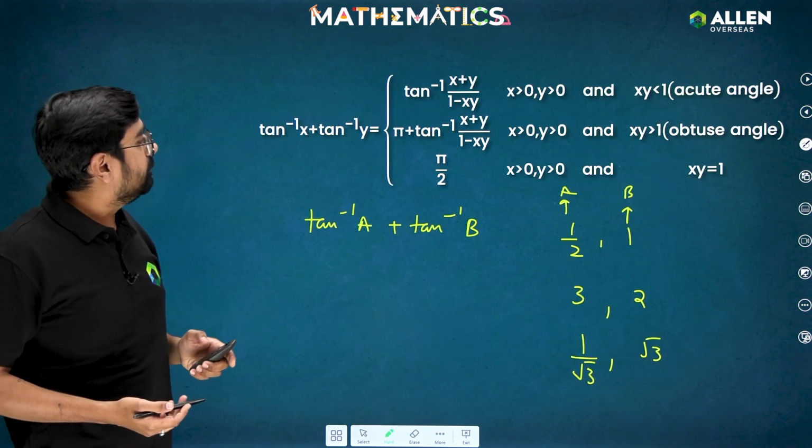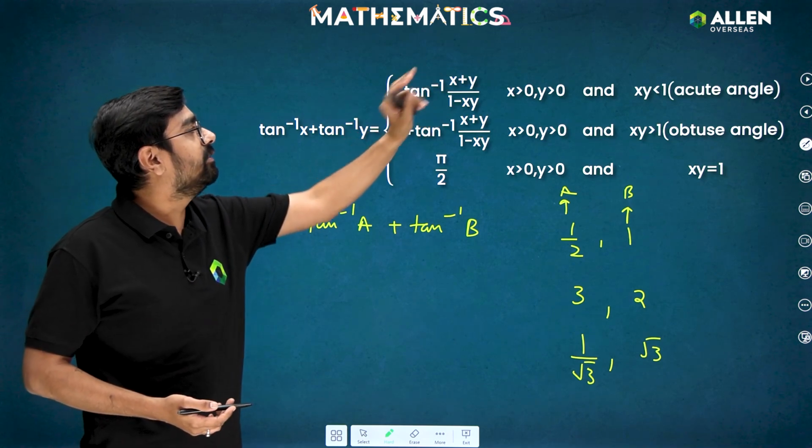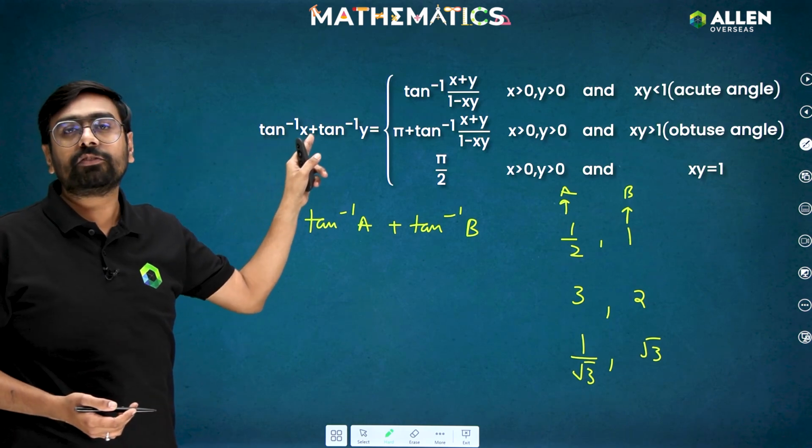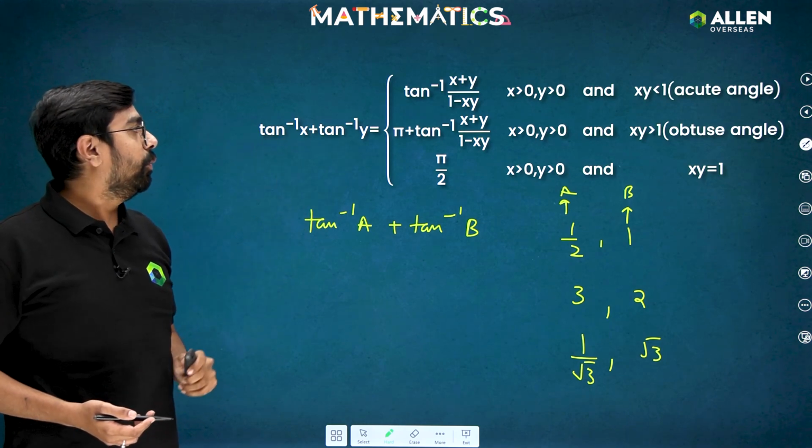What was our first formula? The first formula was tan inverse of (x plus y) upon (1 minus xy) will be equal to tan inverse of x plus tan inverse of y.